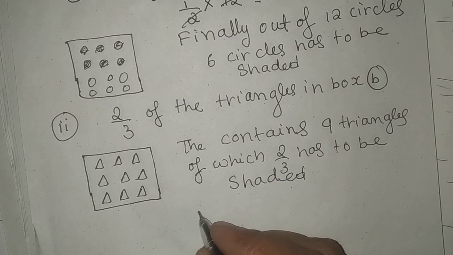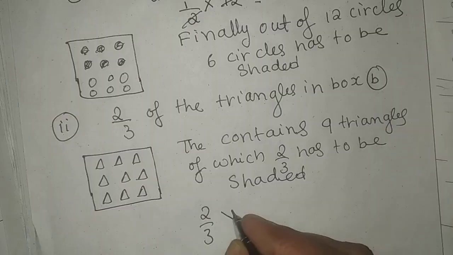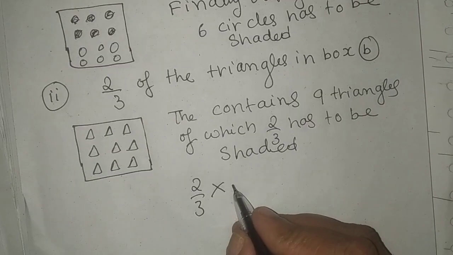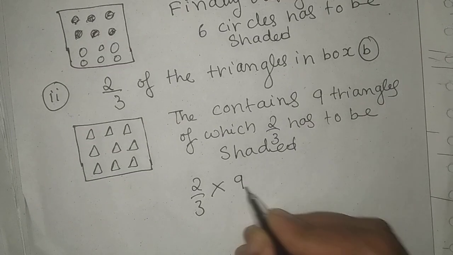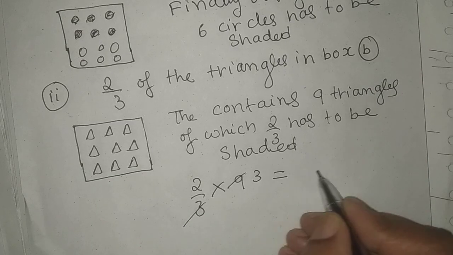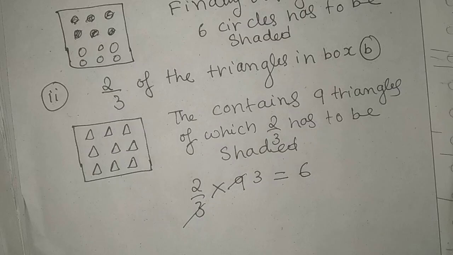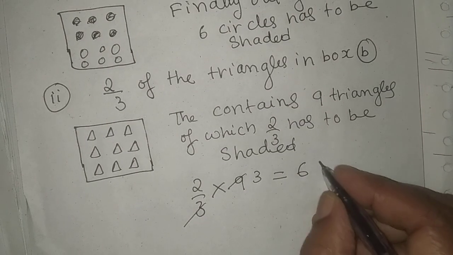Now we'll see, therefore 2 by 3 into how much, total number is 9 triangles. So 3 ones are 3, 3 threes are 9, therefore 3 twos are 6. Six triangles.